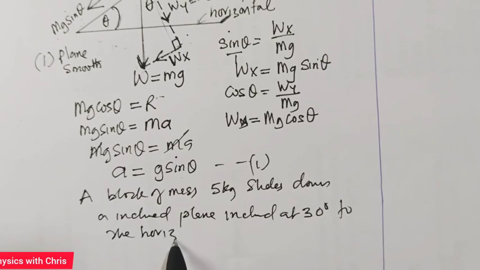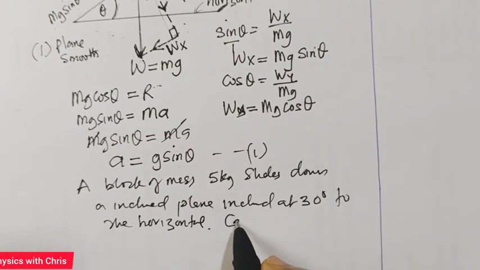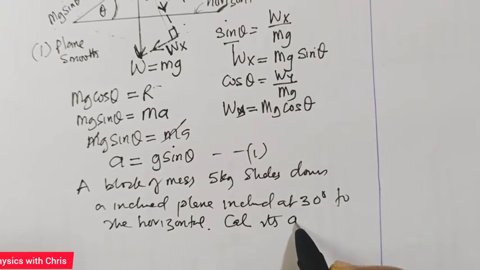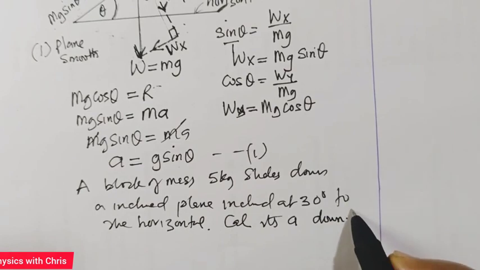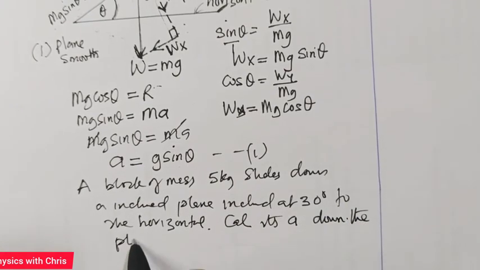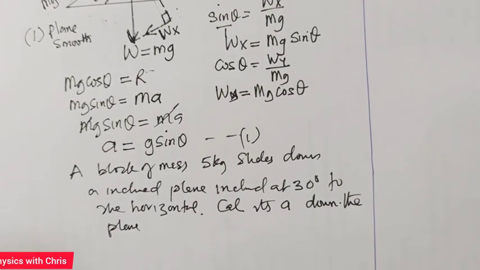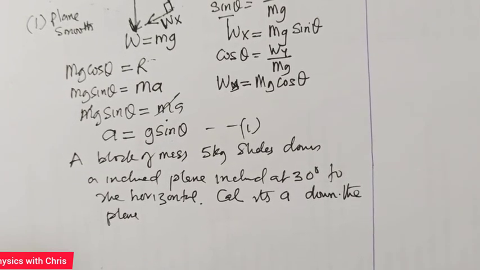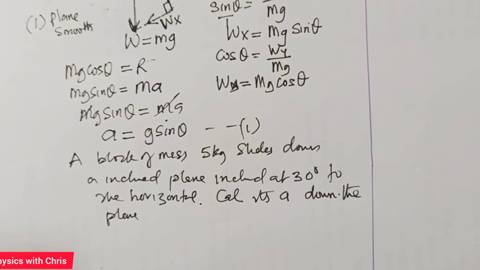This is how they can ask a question that requires the use of this equation. They'll say calculate the acceleration A of the block down the plane. What's the acceleration of this block of mass down the plane? Suppose a block of mass 5 kg slides down a plane inclined at 30 degrees to the horizontal.